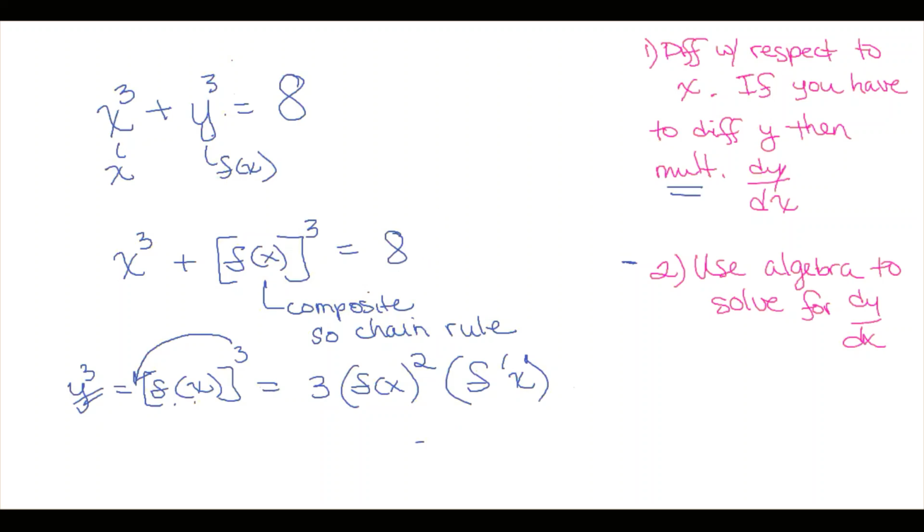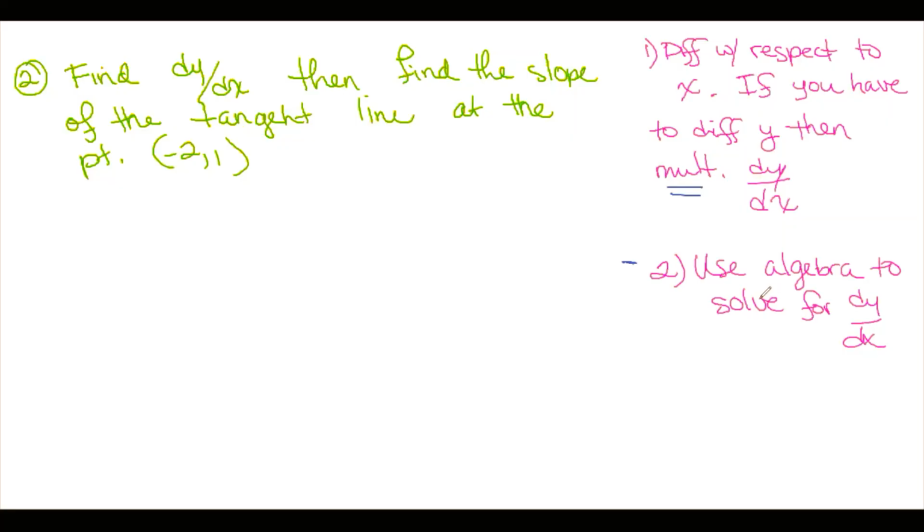All right, let's do another example. Find dy/dx, then find the slope of the tangent line at the point negative 2, 1 of this: 2x squared minus 3y equals 5.